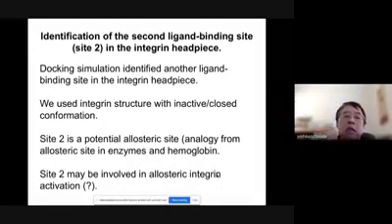Now, this relation between the first ligand binding site, the RGD binding site, and the second binding site is very similar to an allosteric site in an enzyme or maybe hemoglobin. So I simply thought that this second site may be involved in allosteric activation. Just an idea.